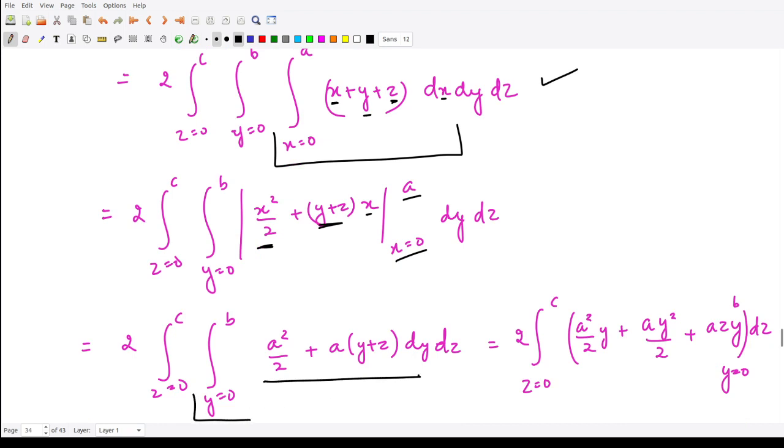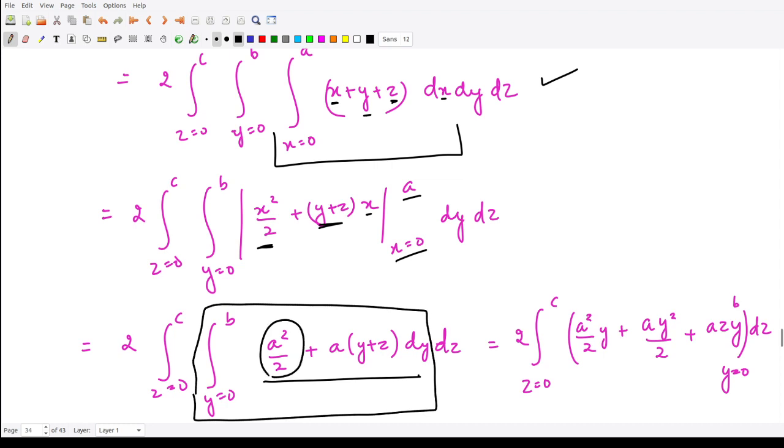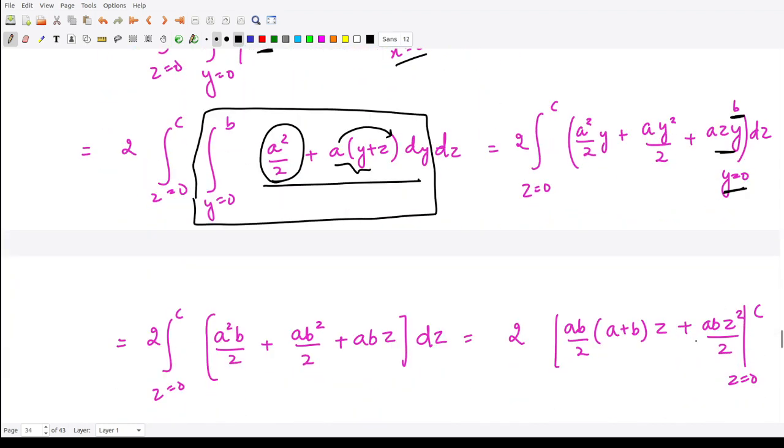So now we will solve this integral for y. So we'll calculate this much portion. So here, because there is no term y, we have a square by 2 times y, plus ay square by 2, and az times y, right? And the limits of y vary from 0 to b. So once you substitute the limits, you have this quantity, and now you have to perform the integration with respect to z.